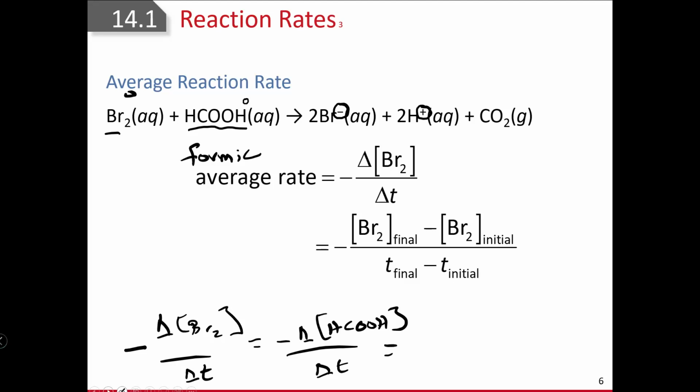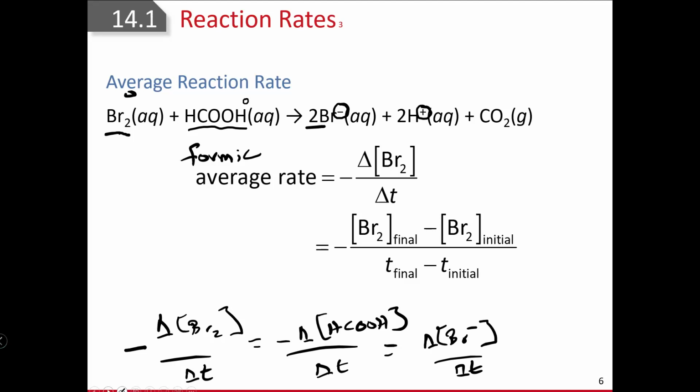We could write it in terms of the bromide ion. We could say that it's the change in the bromide ion concentration over time. Now, here's something you've got to really think about. This is decreasing, and for every 1 mole of this that decreases per time, we're getting 2 moles of this.